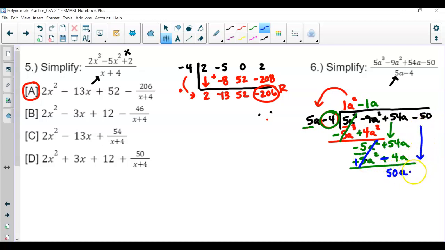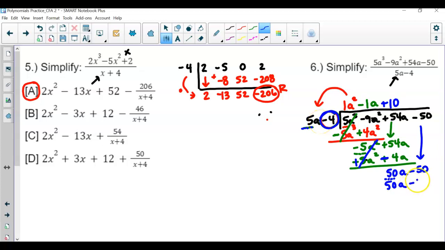Bring down negative 50. Now we divide, but remember, right, first term, 5 into the new first term, which is 50. 5 goes into 50 10 times. Notice how we're taking out the a, so no a is needed. When you multiply, you will get 50a, but don't forget to multiply that 10, right, to the negative 4 here.